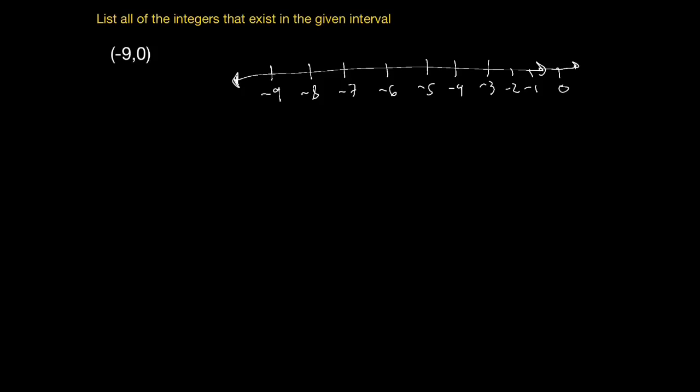Now here we have a parenthesis on the left and on the right. So above negative 9 we have an open circle, and above 0 we have another open circle. This tells us that negative 9 is not a solution. And likewise on the right, the open circle tells us that 0 will not be a solution.